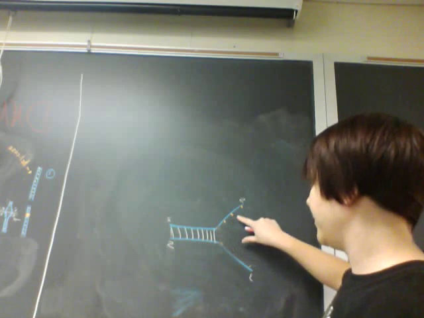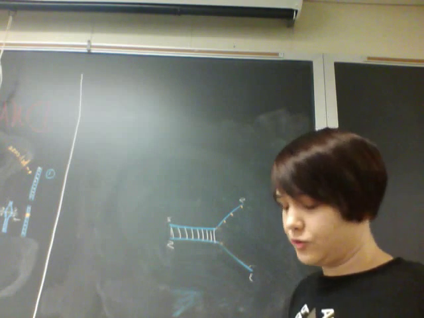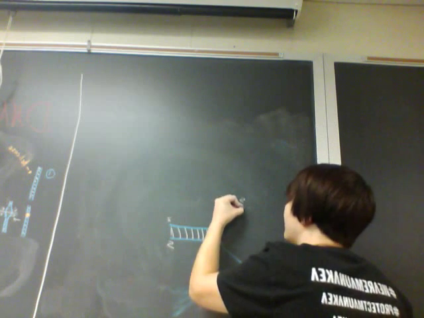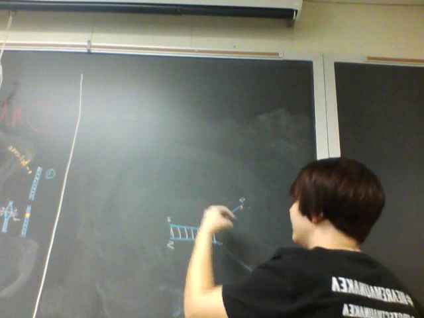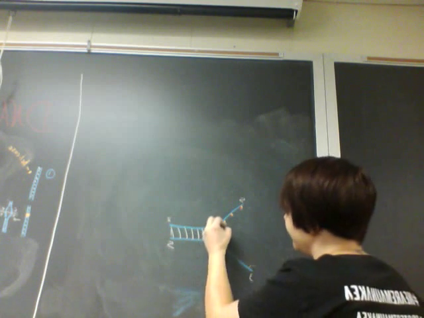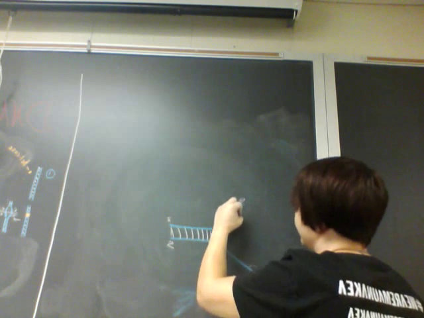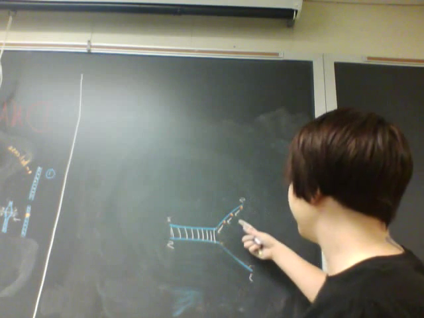So right here, we have 3 places where our primase is going to join. So our DNA polymerase comes in and does the same thing. So now we are adding nucleotides in this direction.